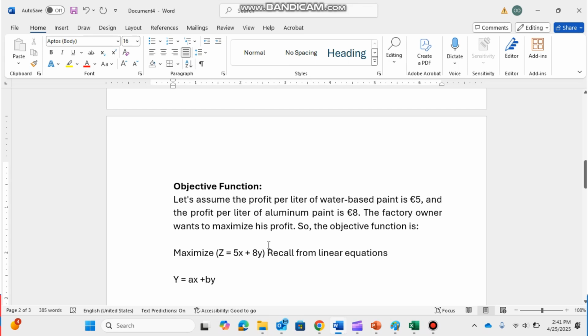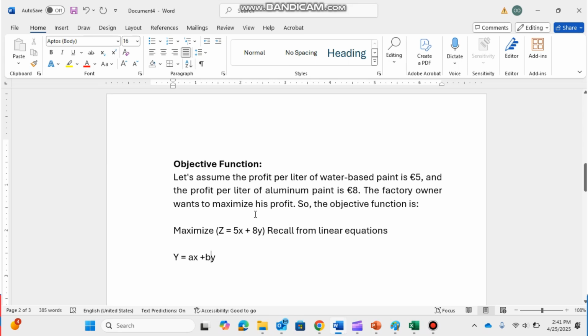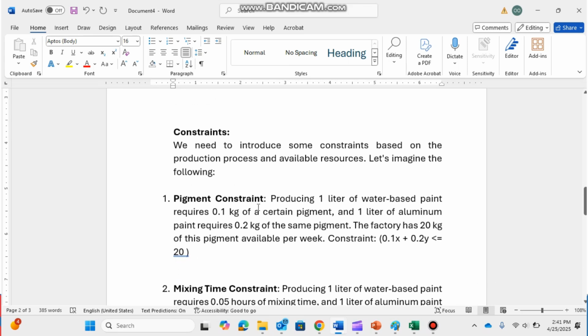Now, having understood how to express our optimization problem by our objective function, we can now begin to look at the constraints. In this problem, we need to introduce some constraints based on the production process and available resources.